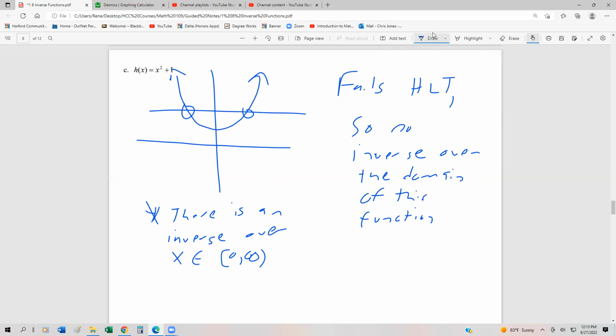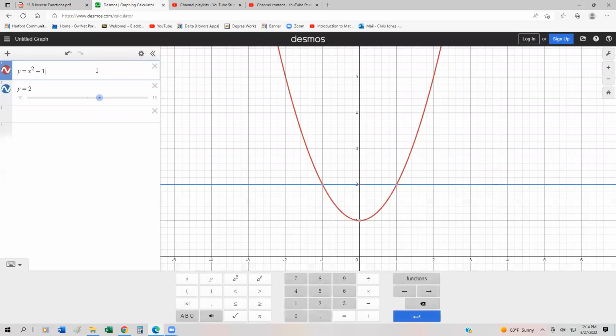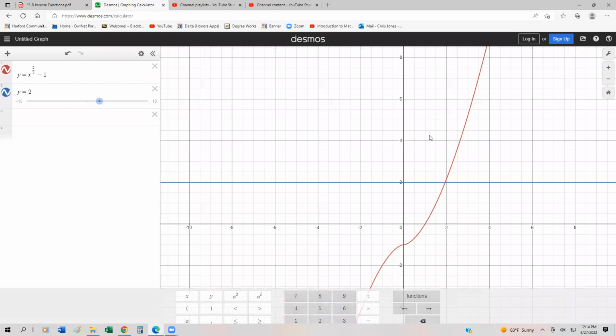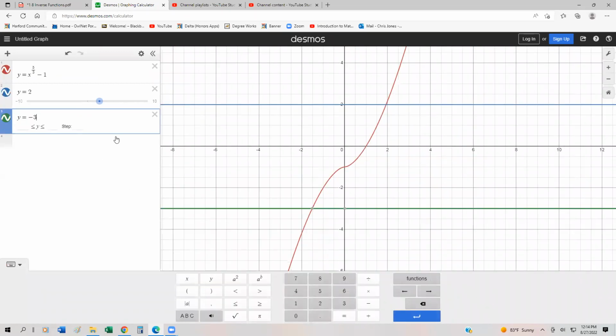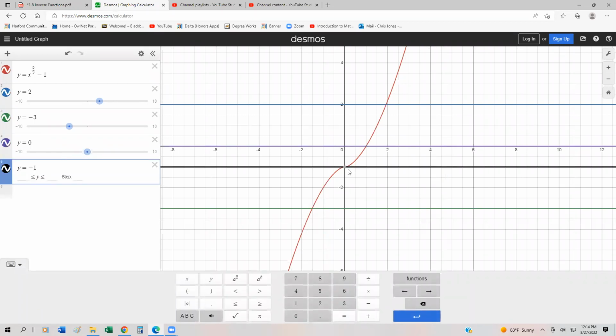All right, another example. So we have this x to the 5/3 minus 3. So let's graph that. Let's zoom out a little bit. And it looks like if I was to select a number of horizontal lines, even y equals 0, and then down at -1, we have exactly one intersection in all these horizontal lines.